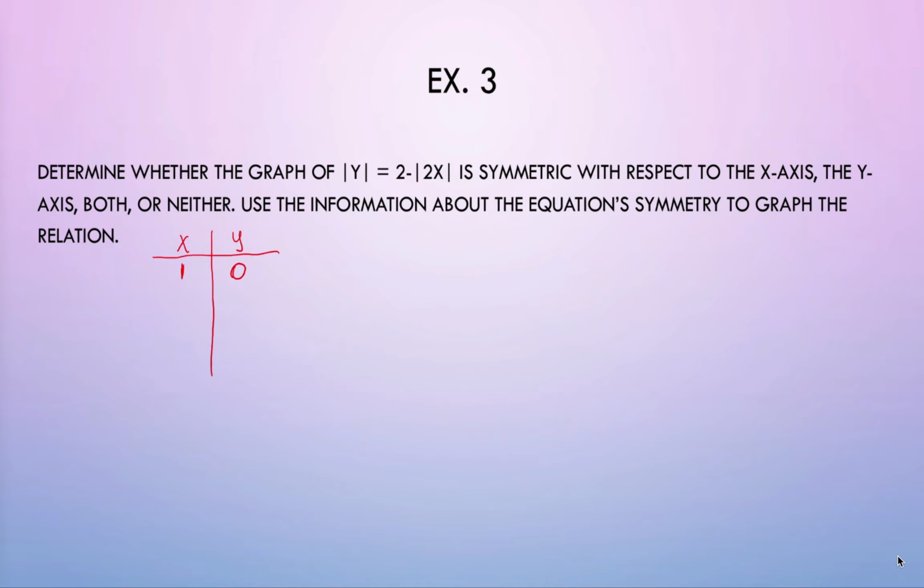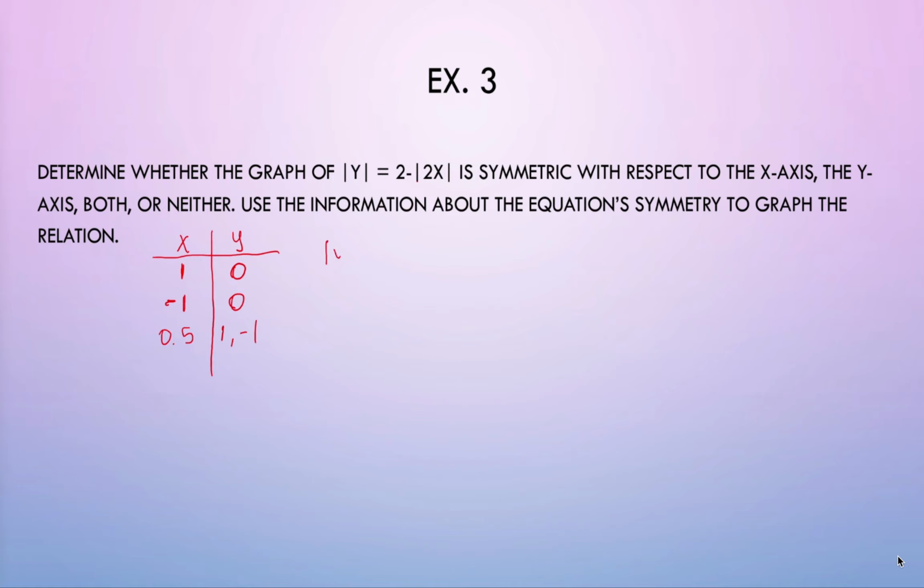If x is equal to negative 1, we plug in 2 minus 2x, also is equal to 0. If we pick x to be equal to 0.5, then the absolute value of y has got to be 1, but it could be 1 or negative 1, right?